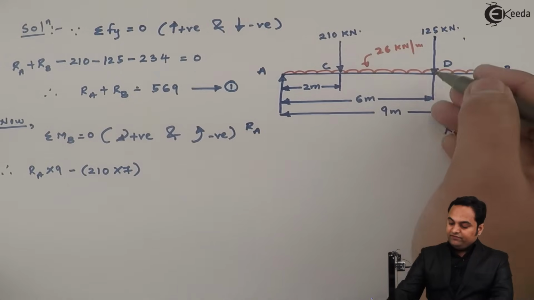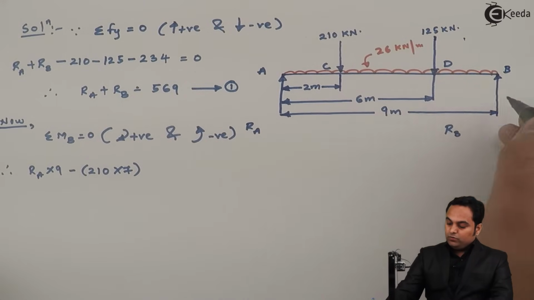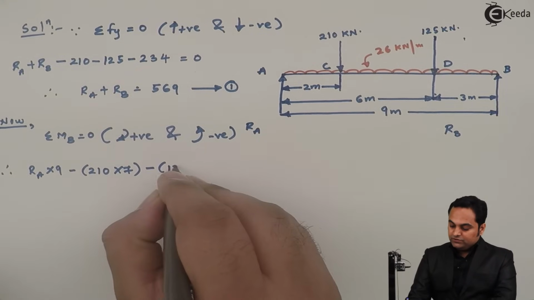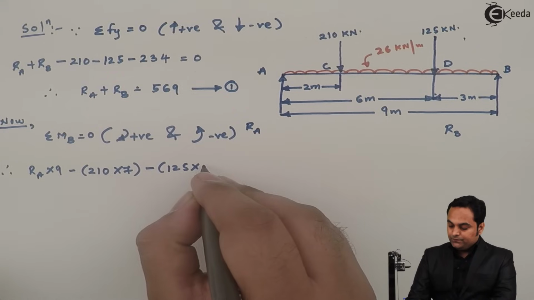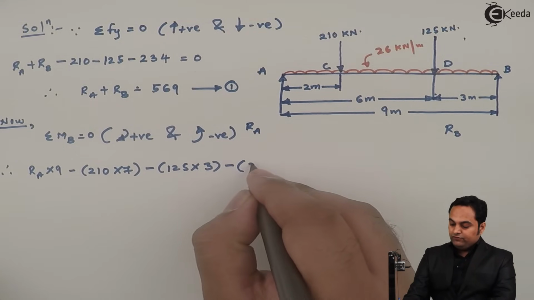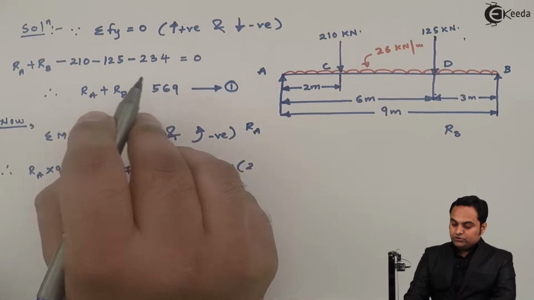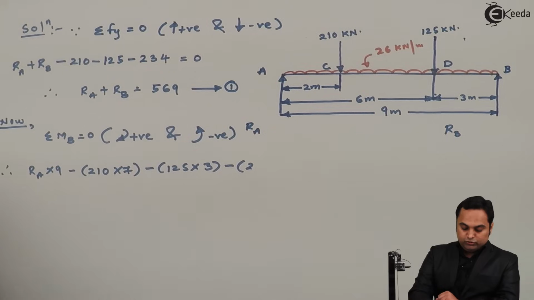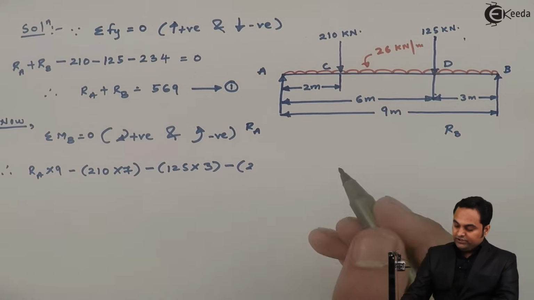Next 125, again this is anti-clockwise, 125 into this remaining distance is 3 meter, so minus 125 into 3, and this UDL, we have found out 26 into 9, that came out to be 234.